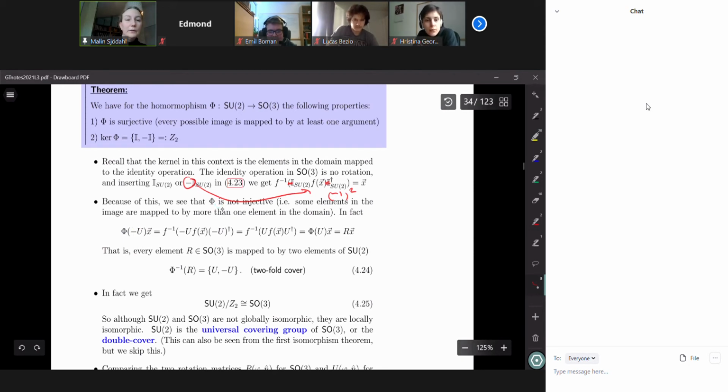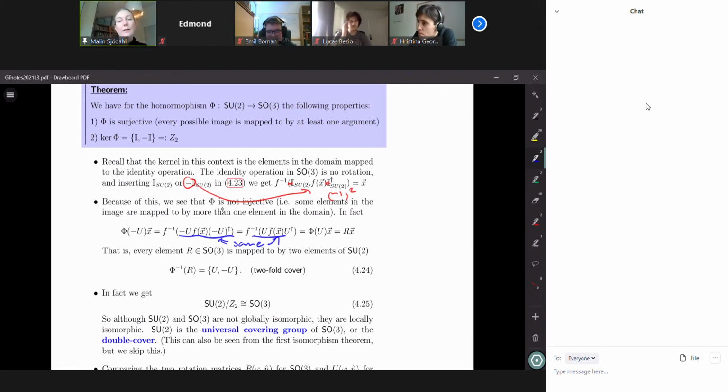And if we insert this then in this map, we have F inverse, and then we have -u, and then we have the F of x, and then we have the -u dagger. Well, of course, these minus signs cancel again, and we see here that there is no difference between this expression and this expression. They are the same. So we will map to the same object as we do with u. So phi of minus u will be the same as phi of u, which is R of x. And this is true for every u.